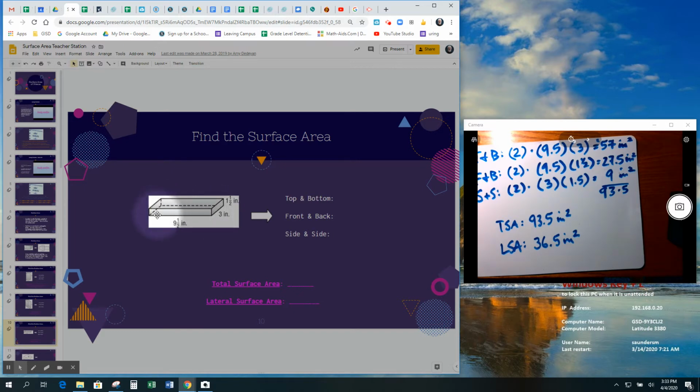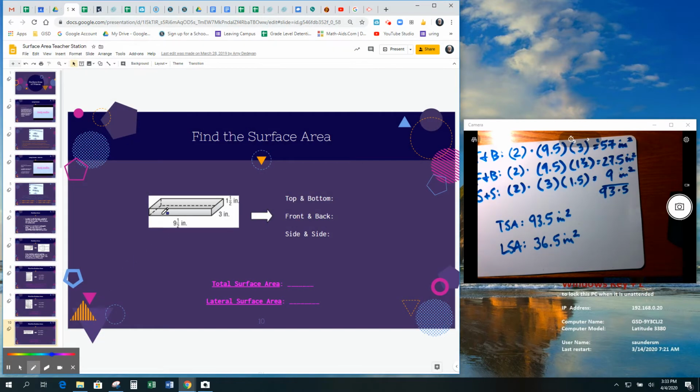So if this object were sitting on a table, this surface right here would be the surface that's sitting on the table.